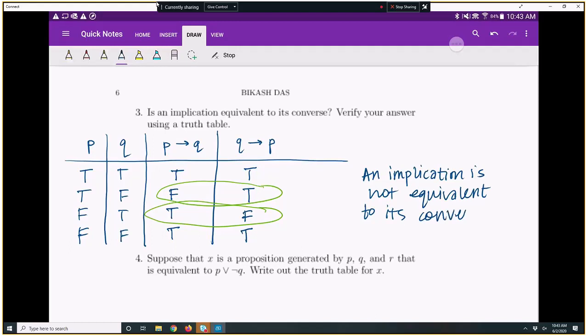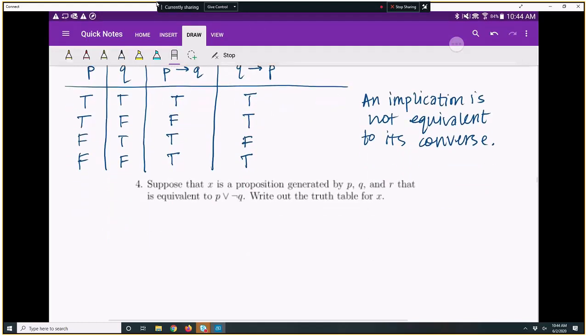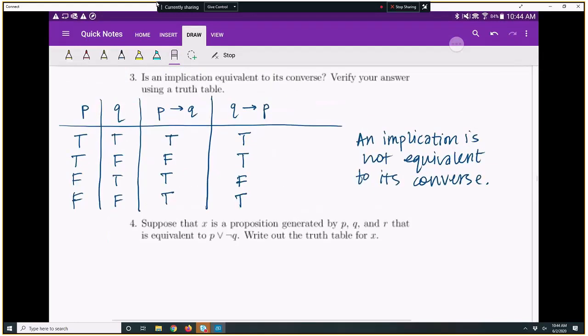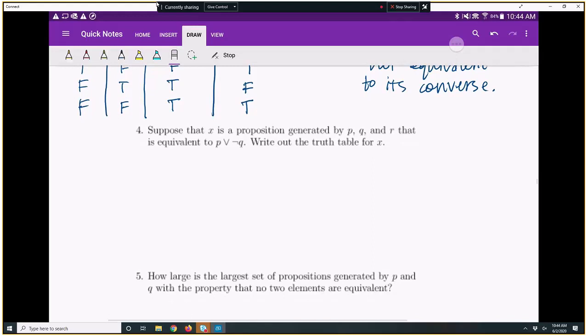Now in the last video we saw a specific example of one case where it does happen. That would be if two statements have the relationship of being if and only if, then this will happen. But in general, we don't want to make the mistake of assuming that an implication is equivalent to its converse. It's a very common mistake, but we're not going to make that mistake.